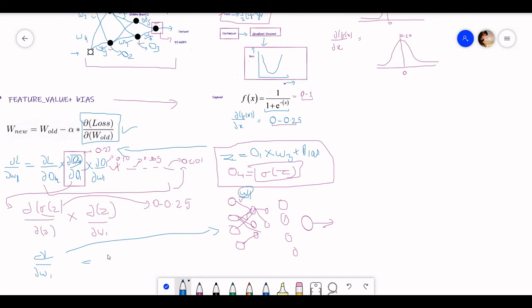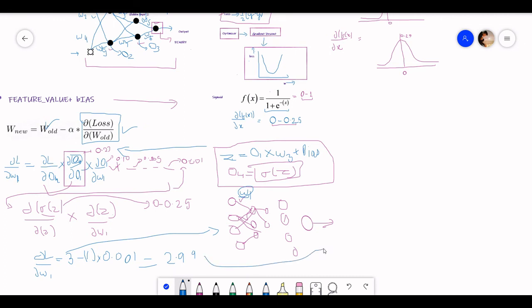So suppose our derivative becomes 0.001, and let's suppose our old weight is 3. So 3 minus, with the learning rate let's suppose 1, times 0.001, it will become something like 2.999. So this is the vanishing gradient problem.